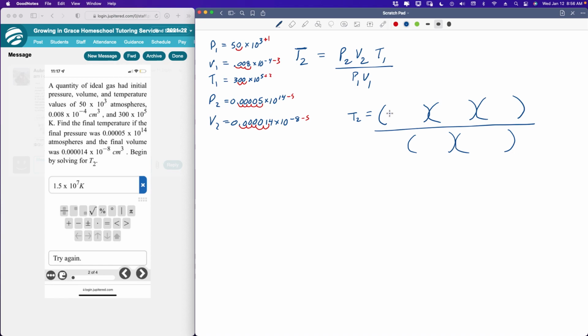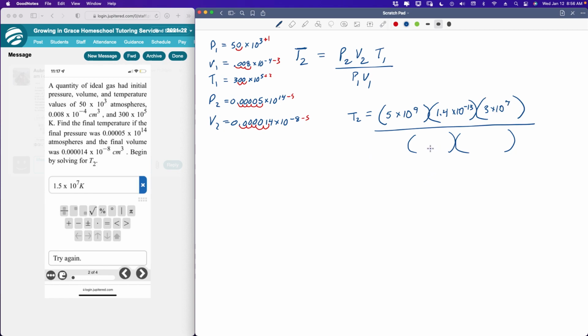We need to have the 5 times 10, and 14 minus 5 is 9. Final volume is going to be 1.4, because that's where we move the decimal place, times 10, negative 8 minus 5 is negative 13. And the original temperature is 3 times 10, 5 plus 2 is 7.